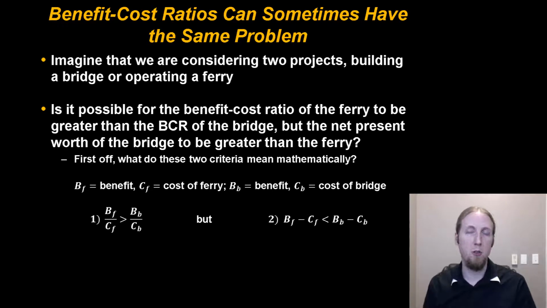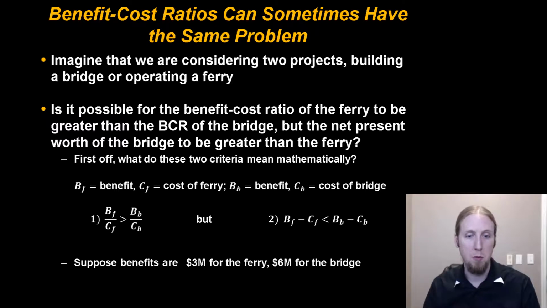If we look at those 2 expressions algebraically, there's no way that we can show that both of these can't be true simultaneously. There's no reason that they both have to be true, but they both can be true. The example of this would be if we suppose the benefits for the ferry are $3 million, whereas they're twice as much, $6 million, for the bridge.